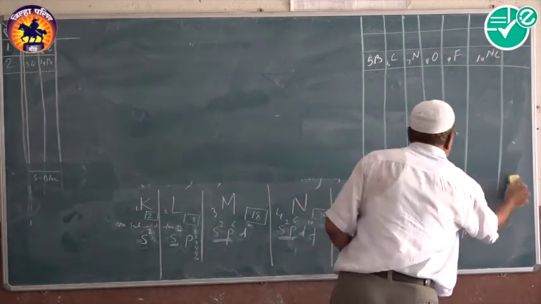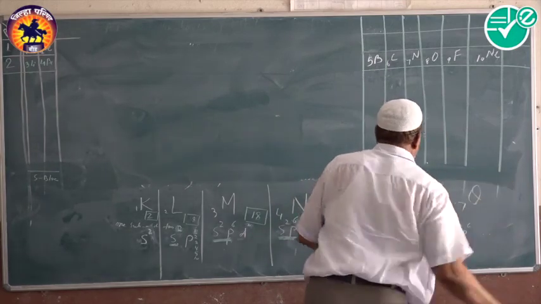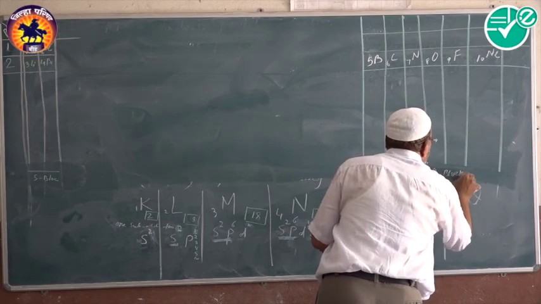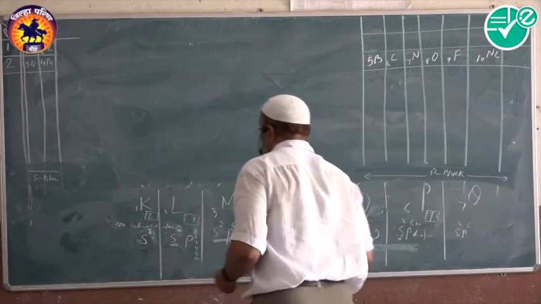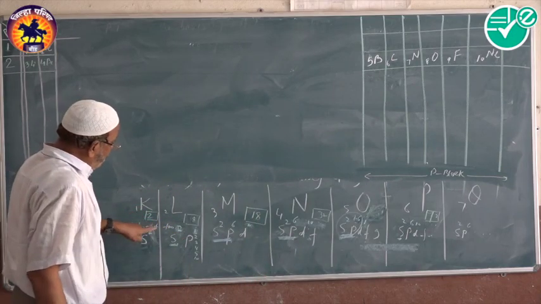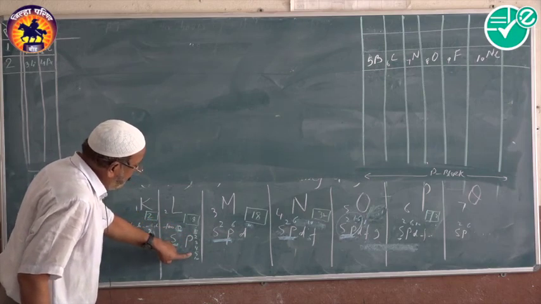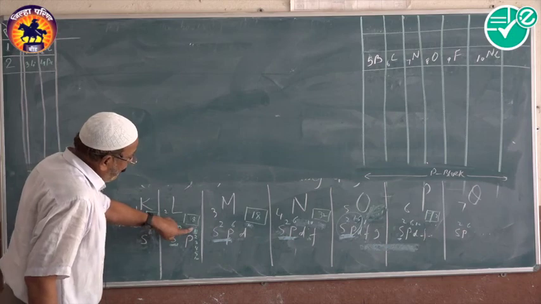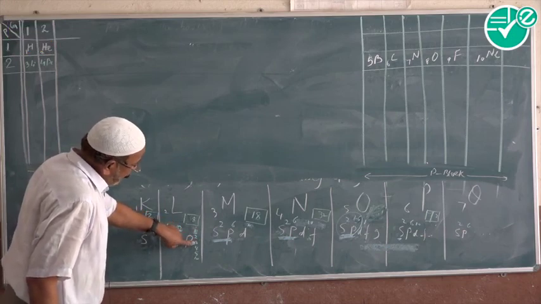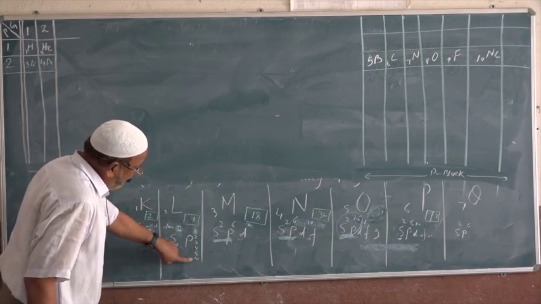These are P block. Again remember, from atomic number 5 to 10 will be P block: boron 5, carbon, nitrogen, oxygen, fluorine and neon.